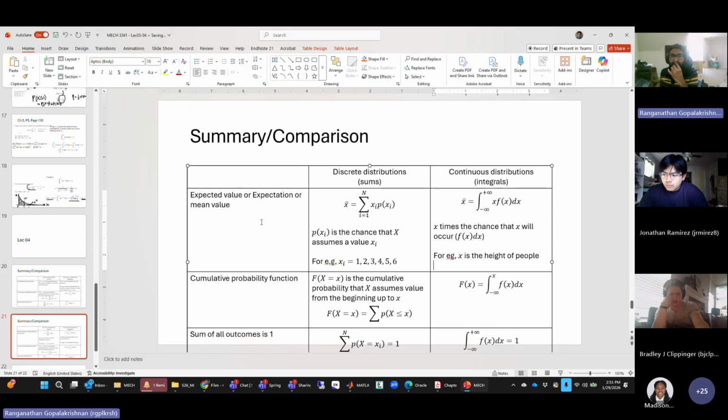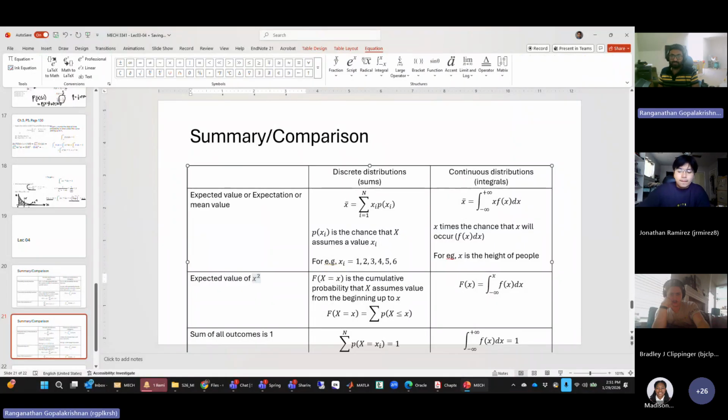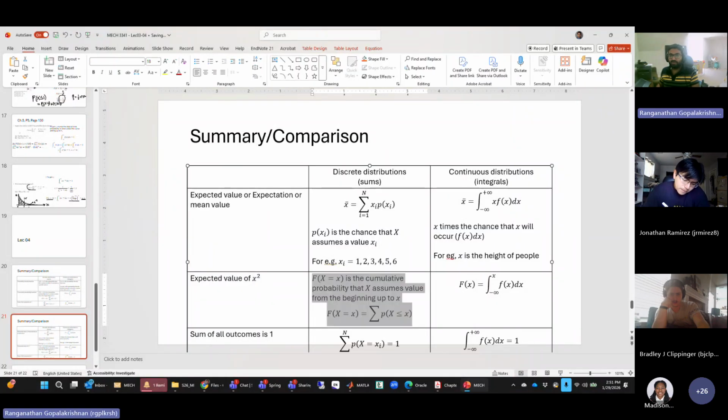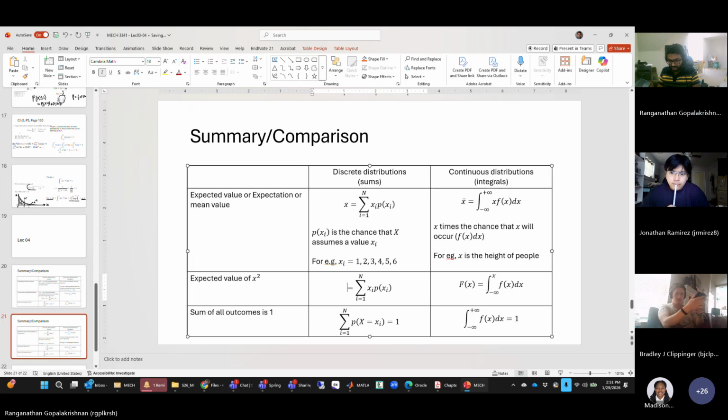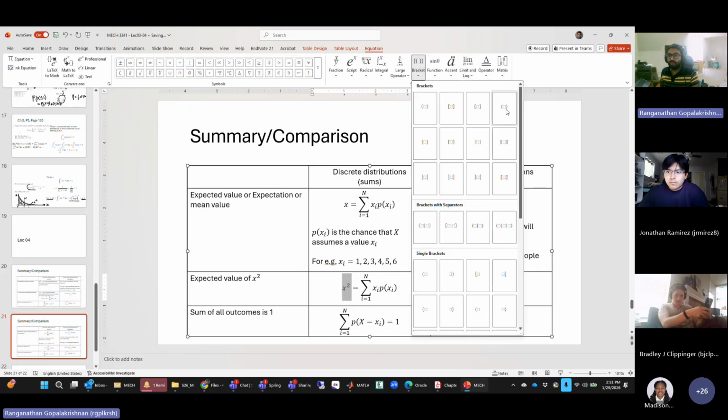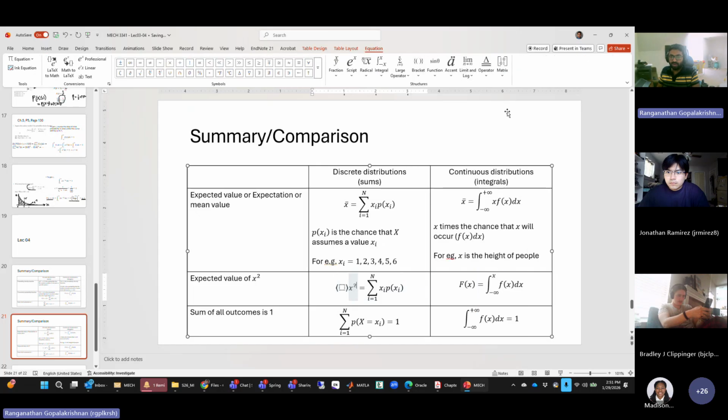All right, so expected value or the mean value is this. If you want the expected value of x squared, what would you write? Instead of this x bar, I'm going to write x squared, and I'll put that within angle brackets to denote it's the average or expected value, averaged over all possible values. That would be xi squared times p of xi.